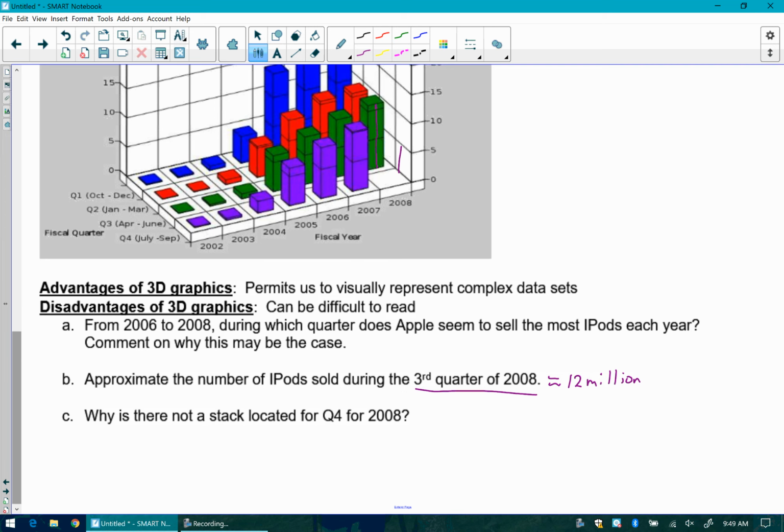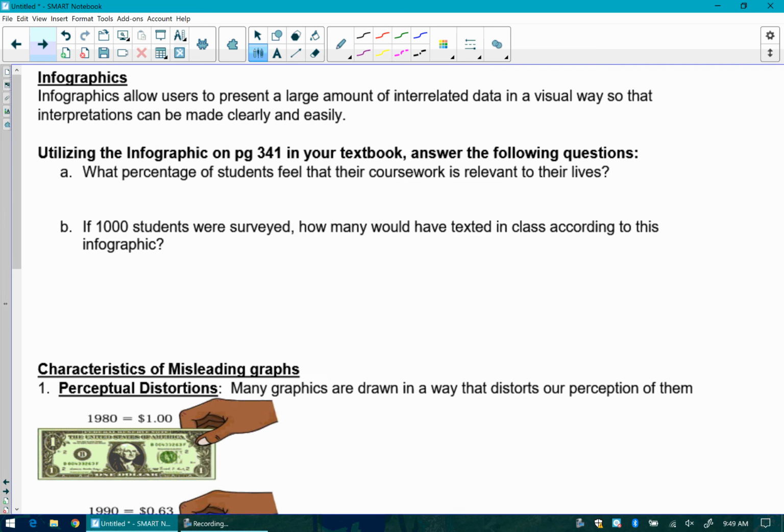And then I'm going to scoot on over to the next page. Probably one of the most cutting edge, newest type graphs that are becoming quite prevalent in this day and time are infographics, and I've started seeing them a lot more since I've been teaching this class. I guess I just didn't have my eyes tuned to being able to see them, but I've seen them, not looking for them, just seeing them on the fly.